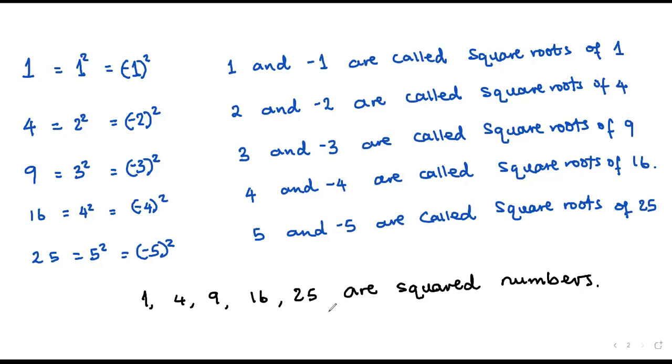So you see that that number is 8. So implying that the square root of 64 is 8. And also you can see that that number can be negative 8 because negative 8 times negative 8 will give you 64.